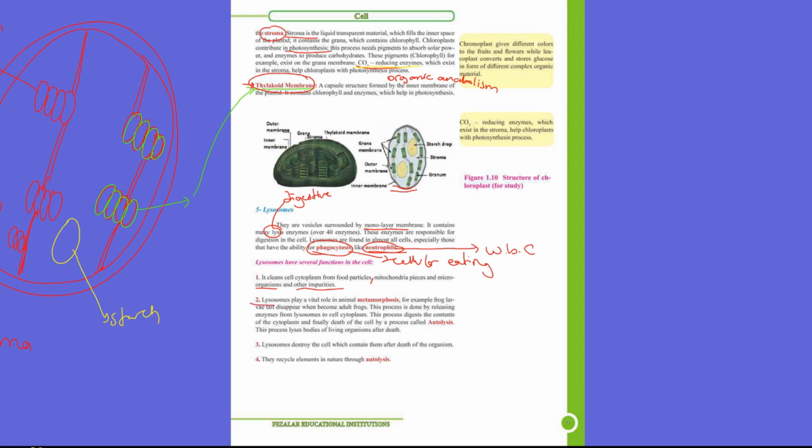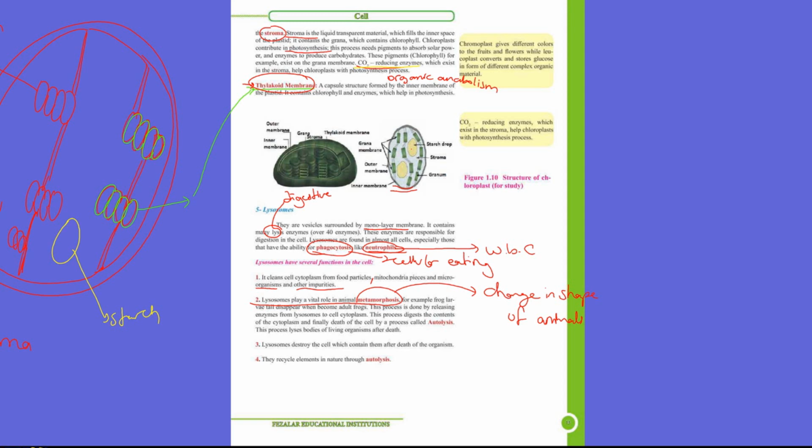Number 2, lysosomes play a vital role in metamorphosis. Metamorphosis means change in shape of animals or organisms, but we will study this in the next parts of our book as sudden changes that happen in the body of organisms.